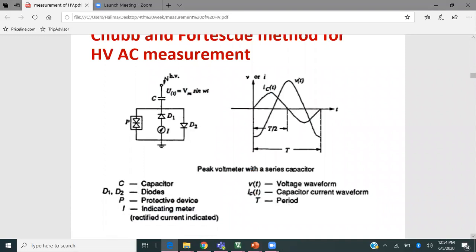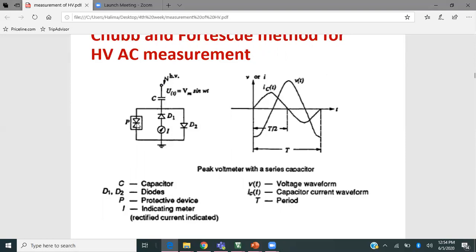This is the diagram for this method. You are seeing some protective devices in parallel here. These are the diodes and these are the capacitors.